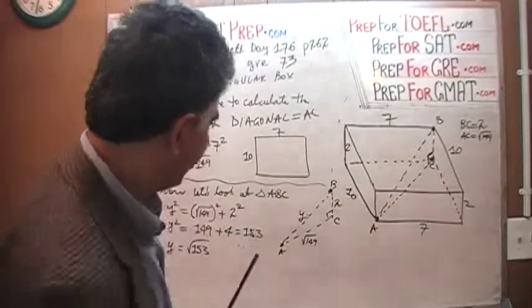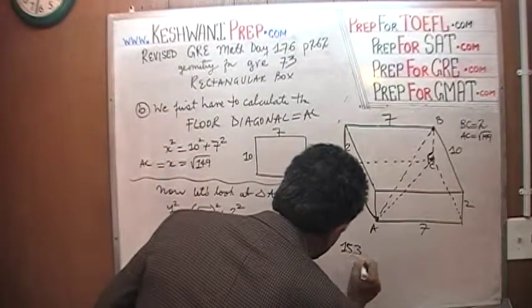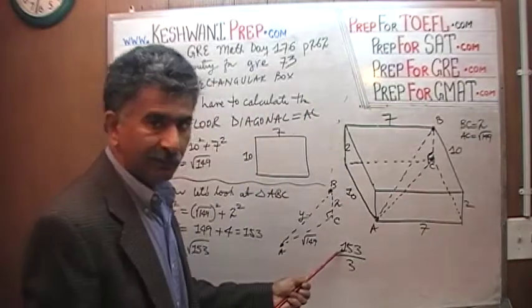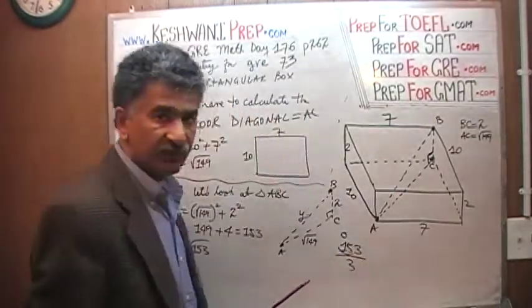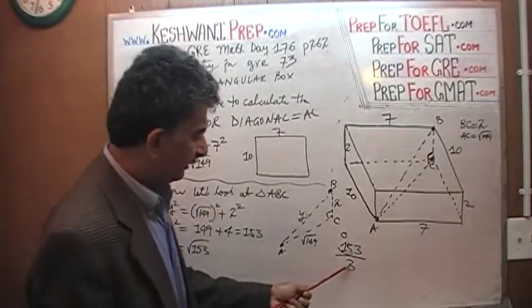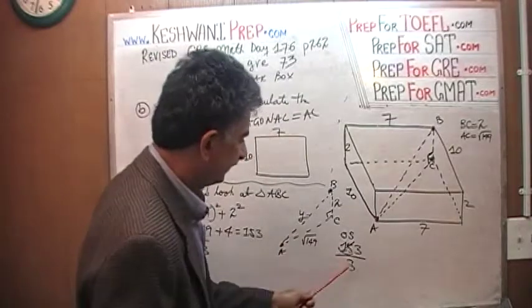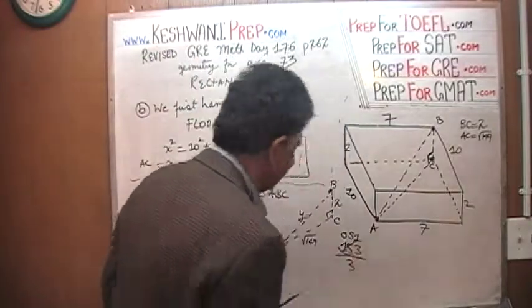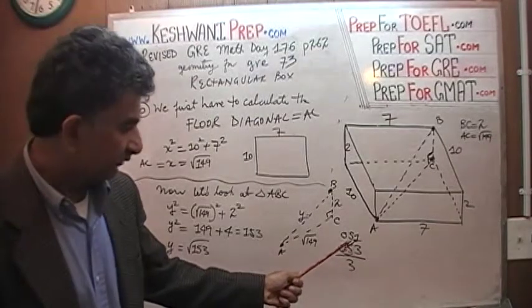Let's divide it by 3. 153 divided by 3. How many 3's in a 1? 1 has 0 3's. 1 joins the 5, becomes 15. How many 3's in a 15? 15 has 5 3's. How many 3's in a 3? There is 1 3. So it's 51. And 51 is also divisible by 3, because 5 plus 1 is 6.